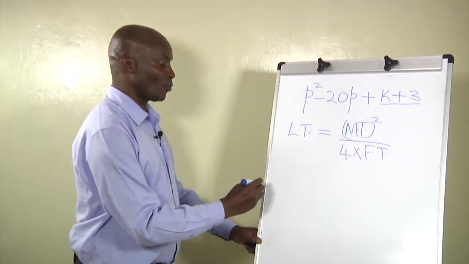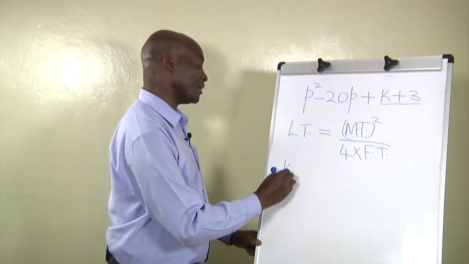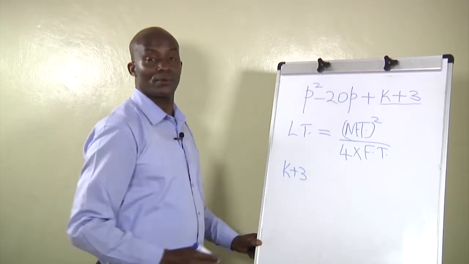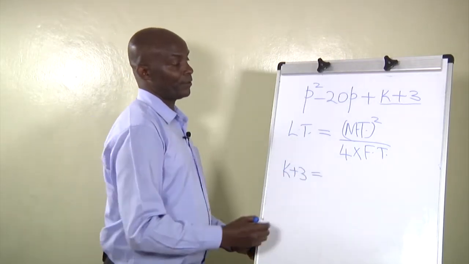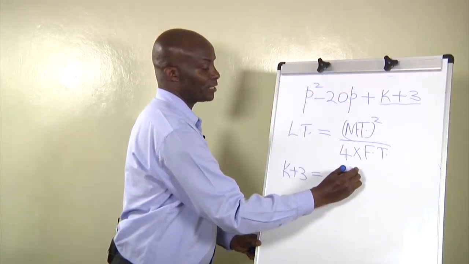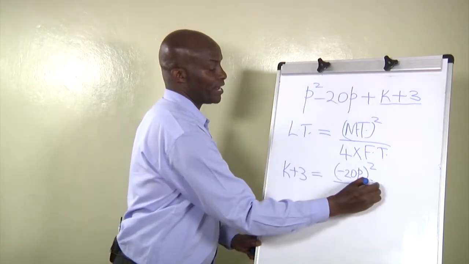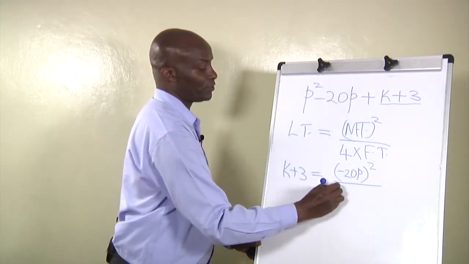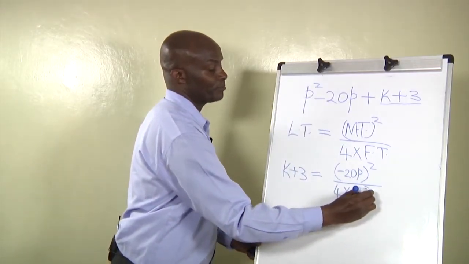So in this case, we will be saying that k plus 3, which is our last term, is equal to what? We have the middle term, negative 20, whole squared, divided by 4 times the first term, which is p squared.